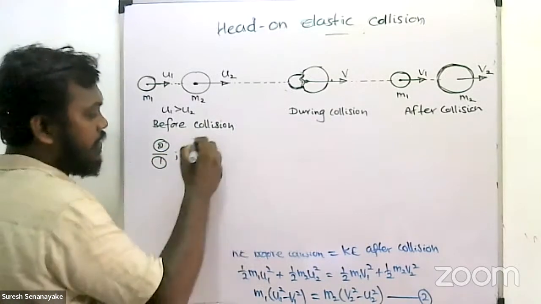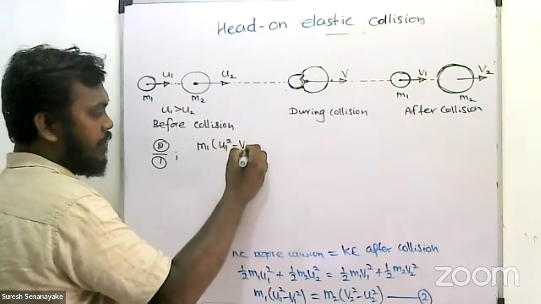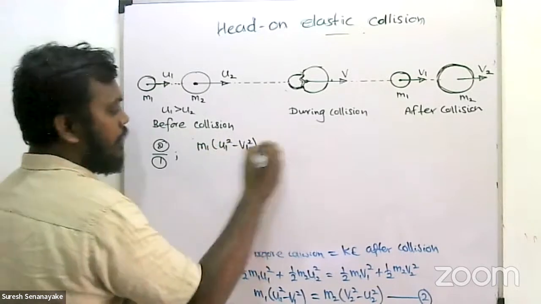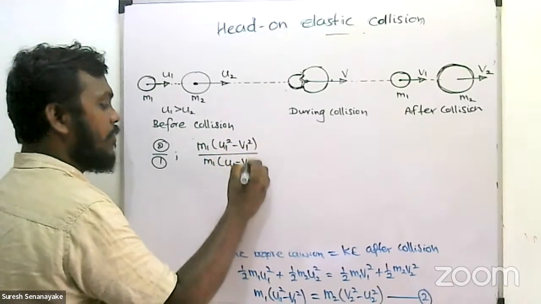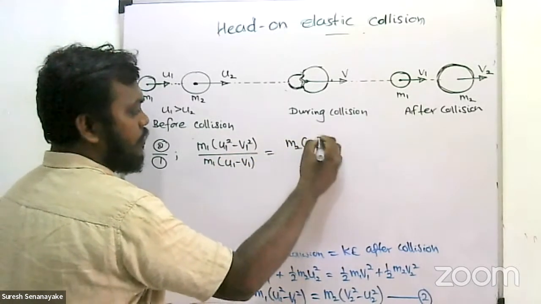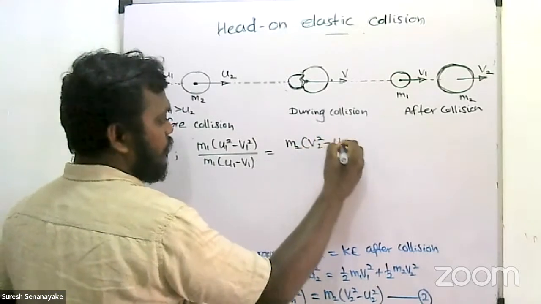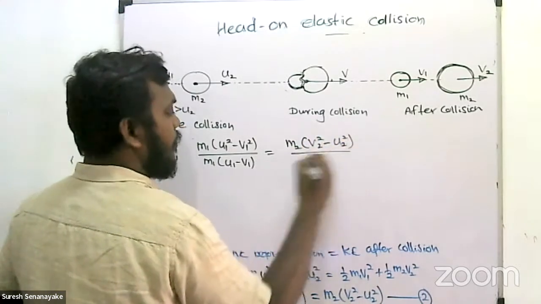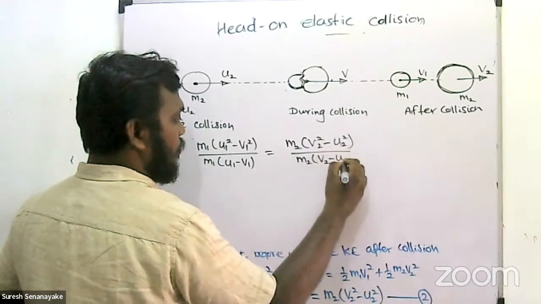Then the second equation I have is m1 (u1 squared minus v1 squared), divided by the other side, m1 (u1 minus v1). This side is m2 (v2 squared minus u2 squared) over m2 (v2 minus u2).